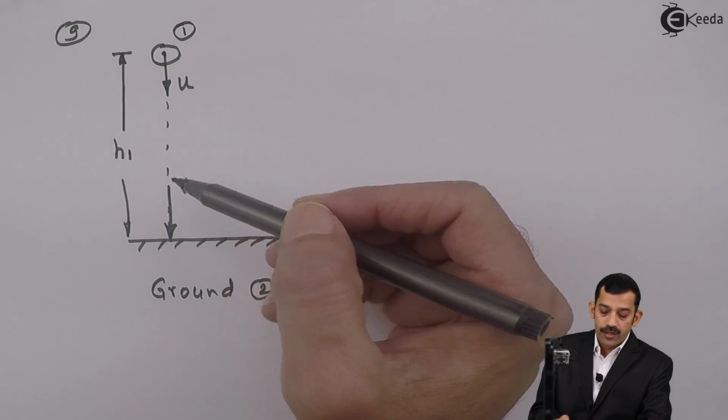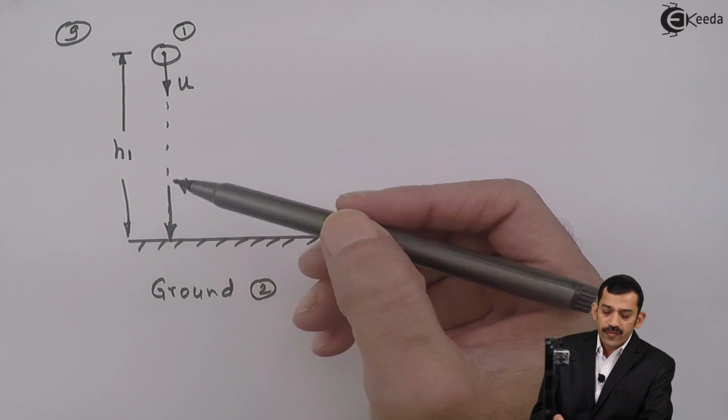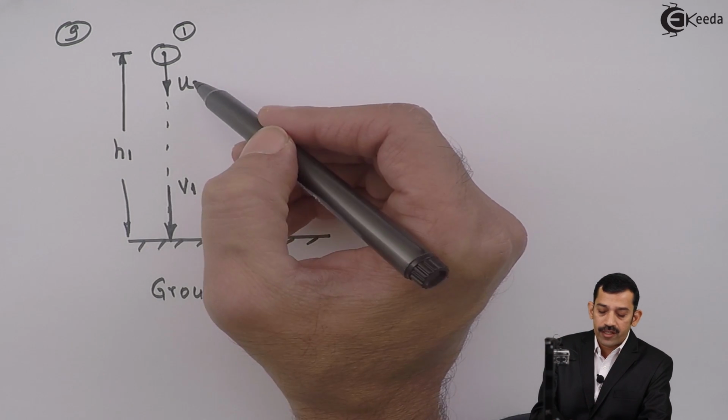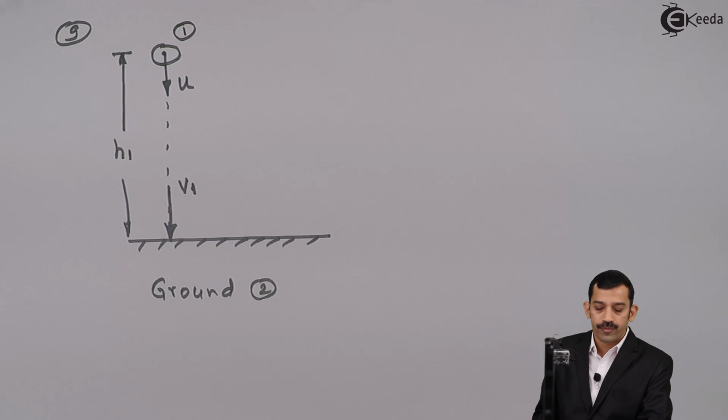Now to find this velocity v1: when the body is dropped, if the initial velocity is 0, then we already know v1 is root of 2gh1. But now it is not dropped, the initial velocity is not 0. That means if it is thrown with some initial velocity, we will use the law of conservation of energy.